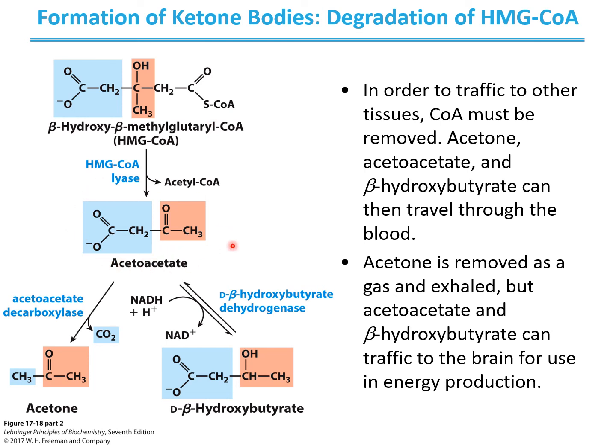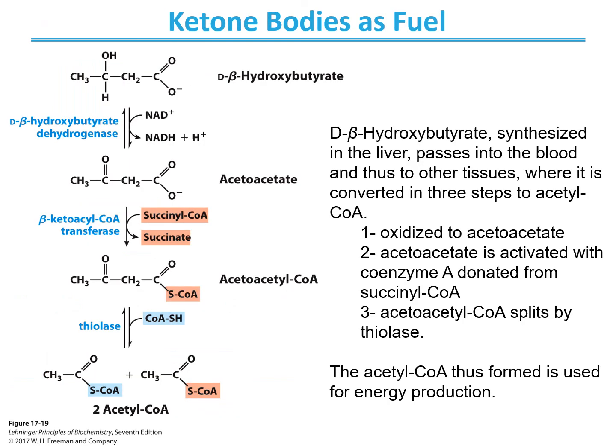Acetoacetate can then be decarboxylated, generating acetone, or it can be used to generate beta-hydroxybutyrate. Acetone is volatile. These two other compounds can be transported in the blood to be used as an energy source.